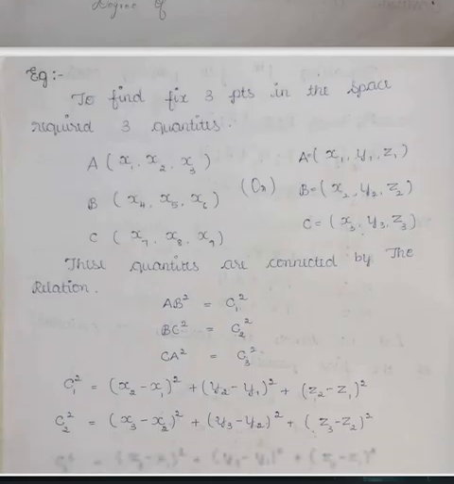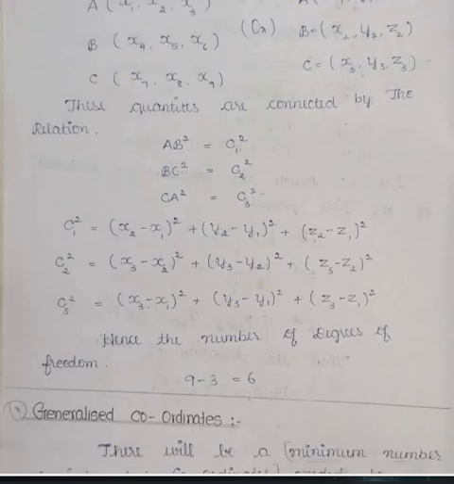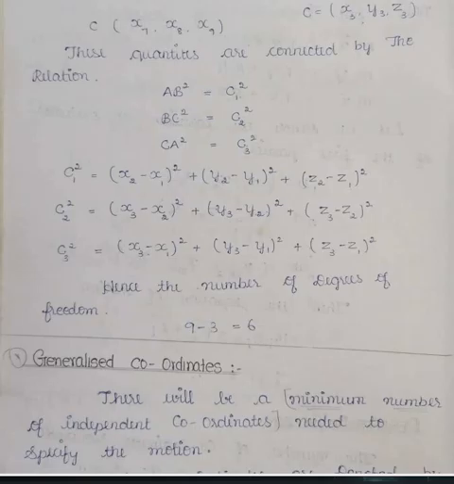Then the quantities are connected by the relations AB square equals c1 square, BC square equals c2 square, CA square equals c3 square, where c1 square equals x2 minus x1 whole square plus y2 minus y1 whole square plus z2 minus z1 whole square. Hence the number of degrees of freedom equals 9 minus 3 equals 6.